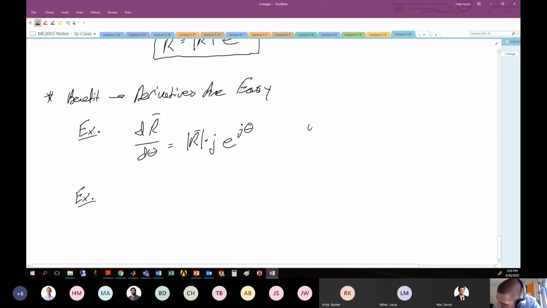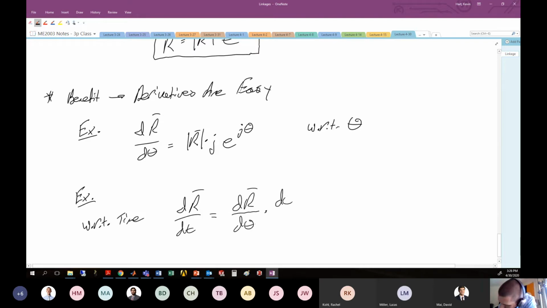Now, when we're talking about velocities, here with respect to theta, I took the derivative. If we want to take the derivative with respect to time, we're going to have the derivative of the position vector with respect to time, which we know to be the velocity, is the derivative of the position vector with respect to theta times the derivative of theta with respect to time.